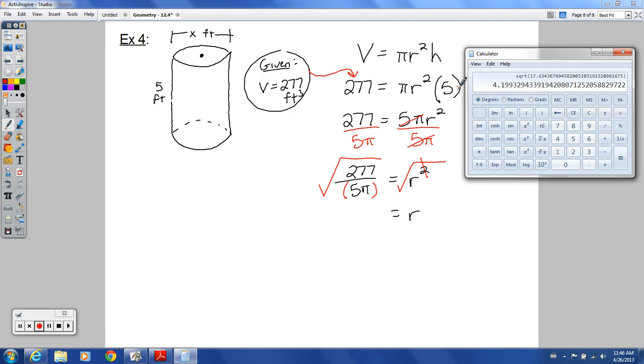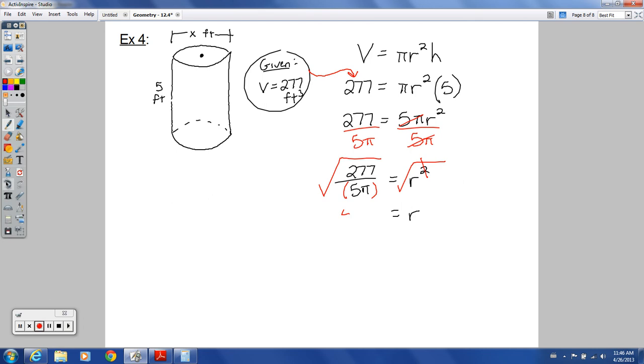Now I've got about 4.2. If I round that to 2 decimal places, 4.20 would be what I have. So this would be 4.20, and this is approximately what the radius is. But notice that x is the diameter.